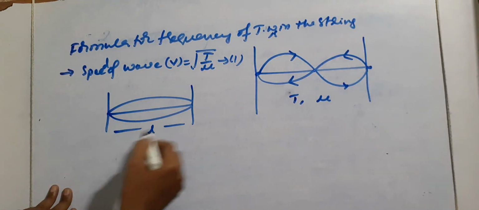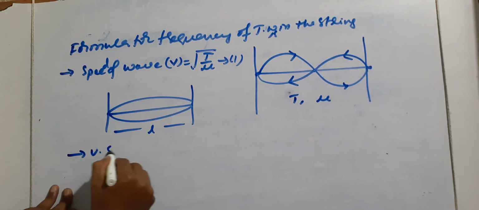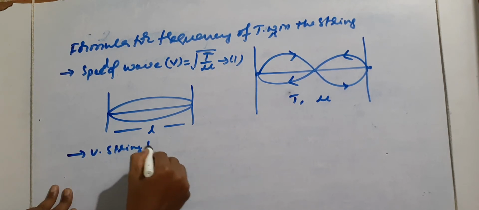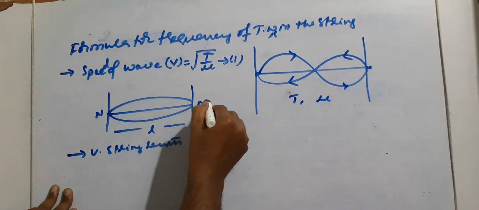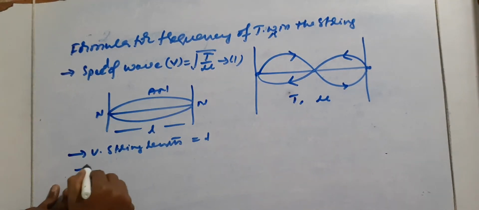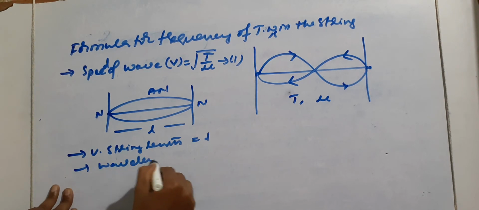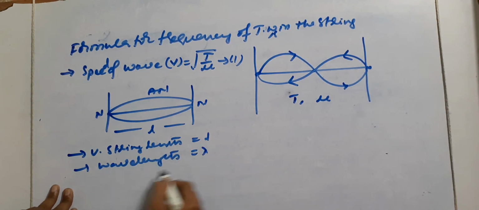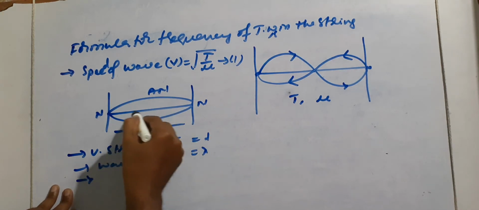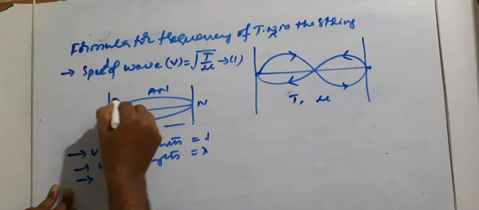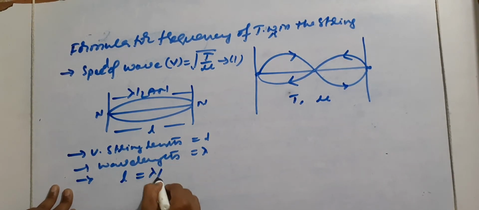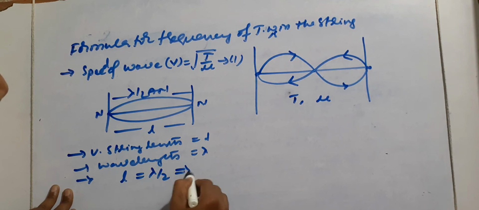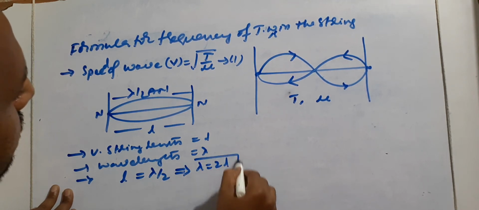So the vibrating string length is L, and here node and node. Now consider the wavelength to be lambda. The distance from one node to the next is lambda by 2. So this implies the length of the string L can be written as L equals lambda by 2, then lambda is equal to 2L.